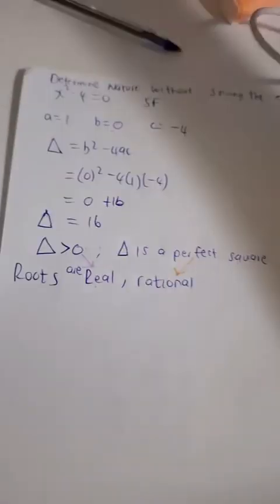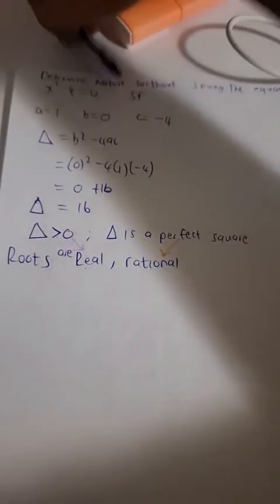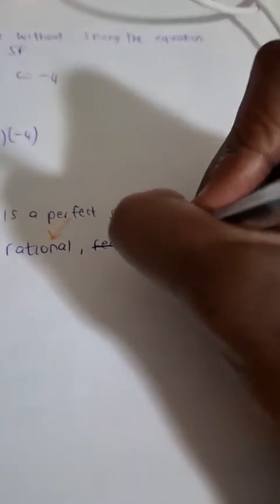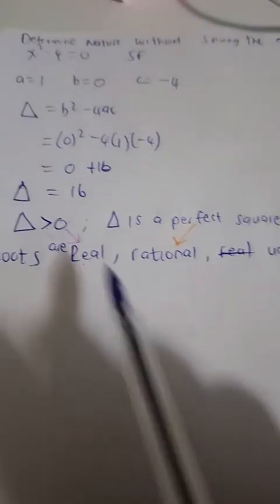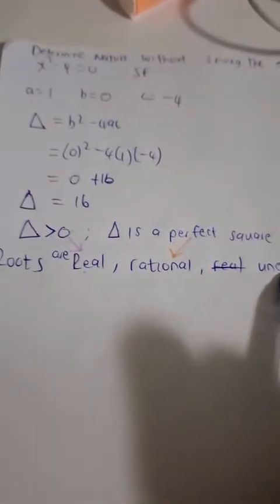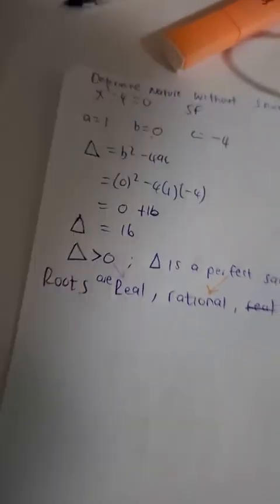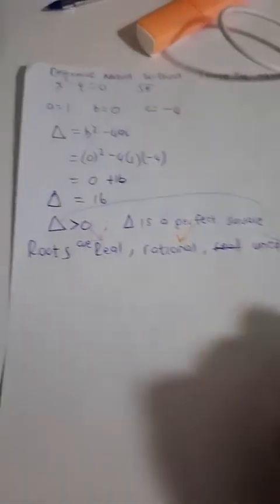That has everything to do with delta being a perfect square. And then lastly, unequal. Roots are unequal. That has everything to do with the fact that delta is greater than 0. So I hope that makes sense.